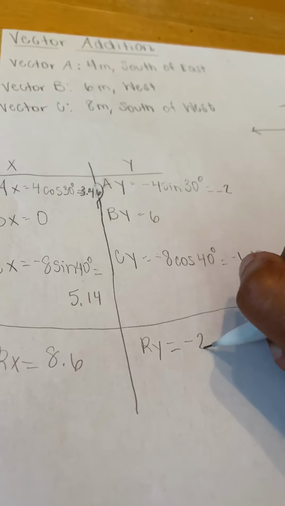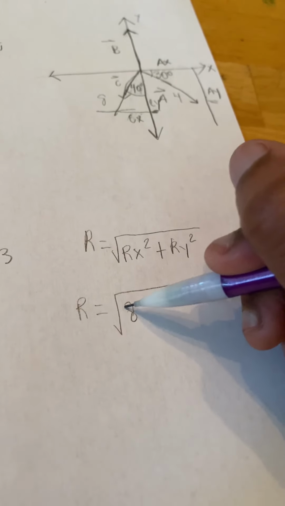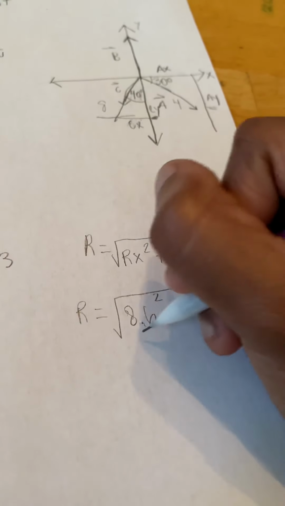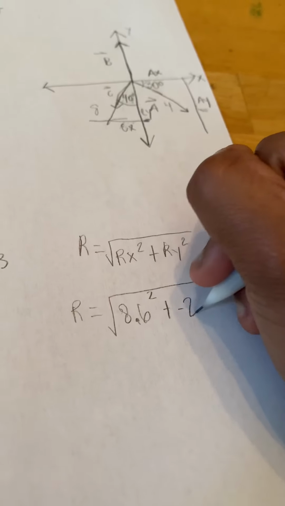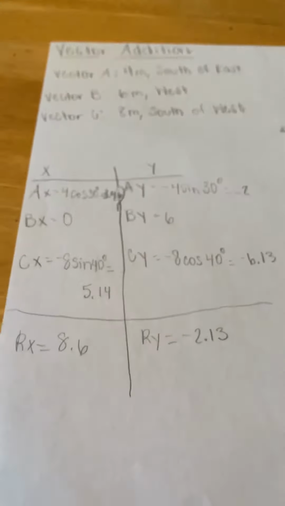So we do r equals the square root of 8.6 squared plus negative 2.13 squared. We're just taking the values from this side and putting them in the equation.